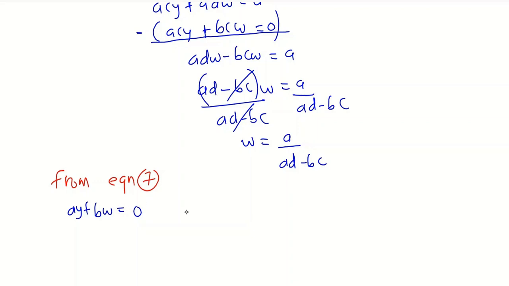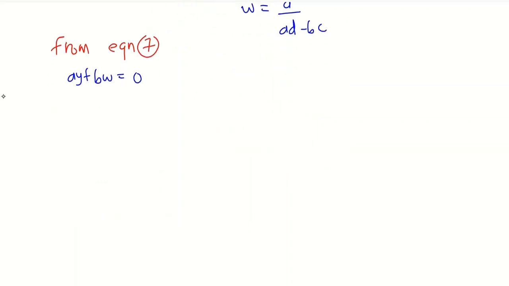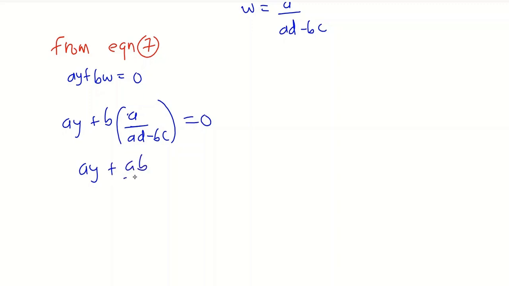When we put the value of W into this one, we get AY plus B times A out of AD minus BC is equal to 0. When we multiply, we have AY plus AB out of AD minus BC is equal to 0. At this point, we can send AB divided by AD minus BC to the other side, and that becomes AY is equal to minus AB divided by AD minus BC.